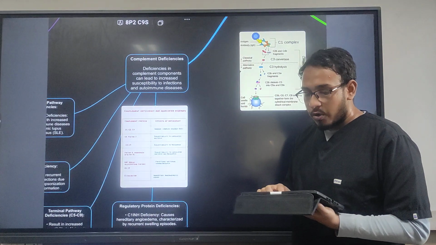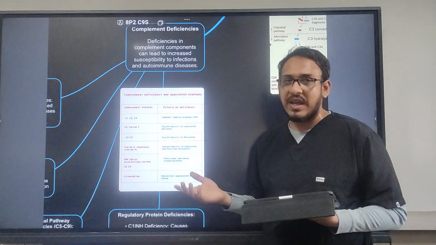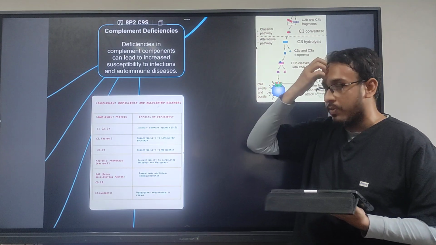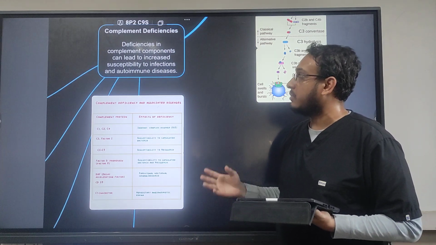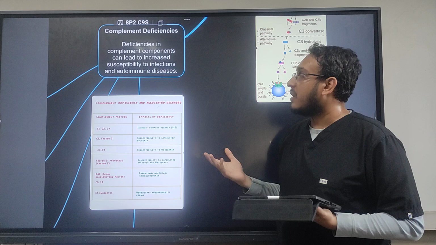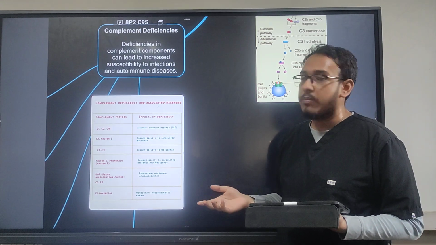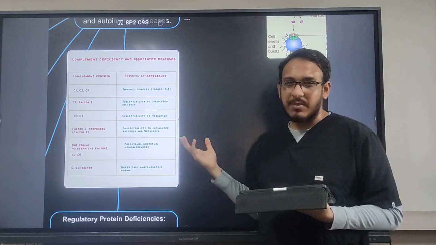We will now see how complement system deficiency can cause various diseases in humans. So deficiencies in the complement system components can lead to an increase in susceptibility to infections and autoimmune diseases. So here is a table to summarize it.